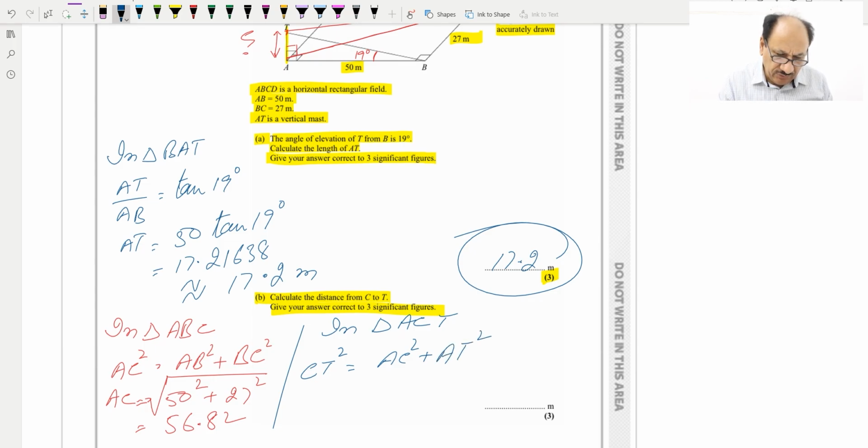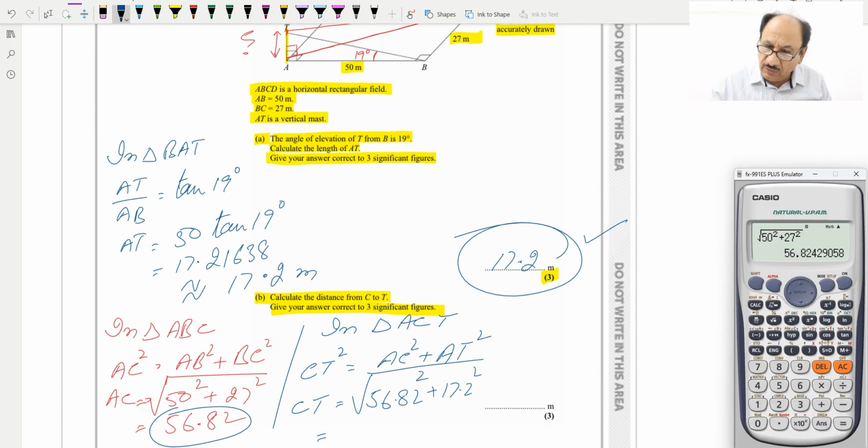AT we already found in A part, and AC we found here, 56.82. So CT is equal to the square root of 56.82 square plus 17.2 square, and this is 59.366.